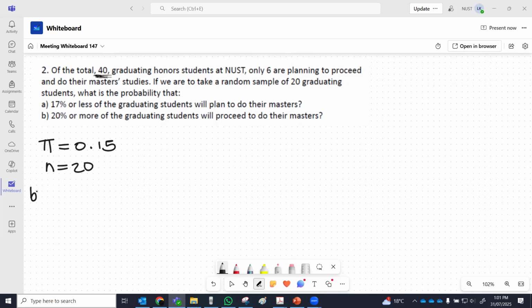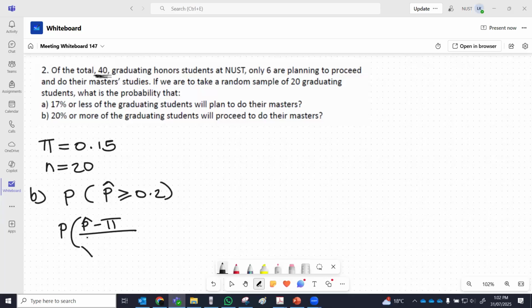Now for B, we are asked to find the probability that 20% or more, so that means P hat is greater than or equal to, and remember we don't write 20 here, the 20% we must convert it to a decimal, which is 0.2. Then from there what we do is we standardize, so P hat minus pi over the square root of pi times 1 minus pi divided by n.